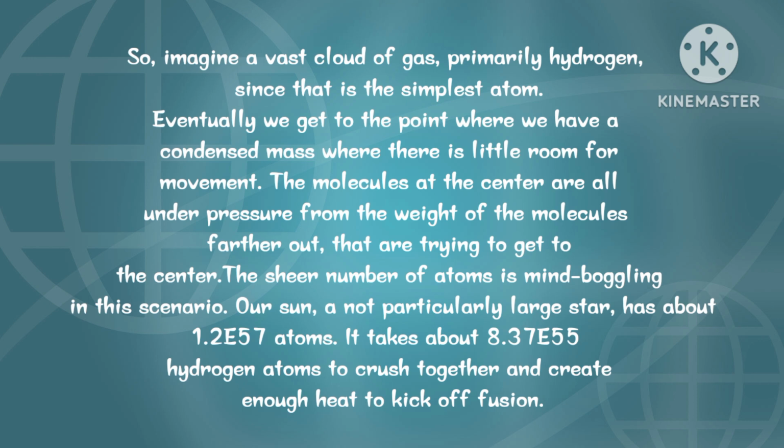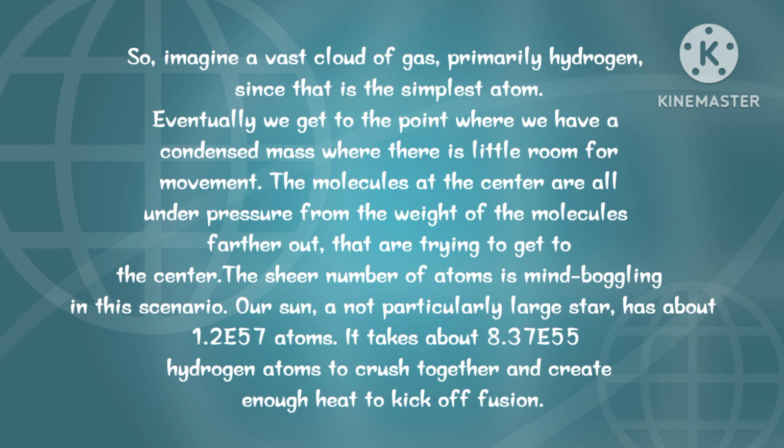So imagine a vast cloud of gas, primarily hydrogen, since that is the simplest atom. Eventually, we get to the point where we have a condensed mass where there is little room for movement. The molecules at the center are all under pressure from the weight of the molecules farther out that are trying to get to the center.